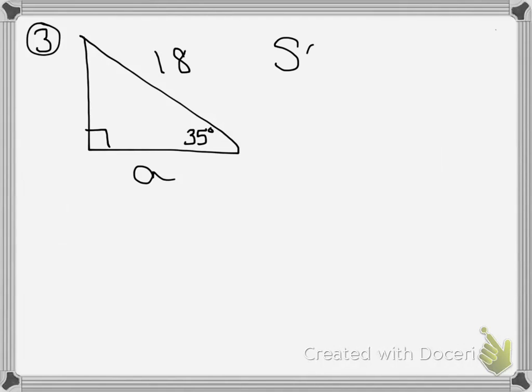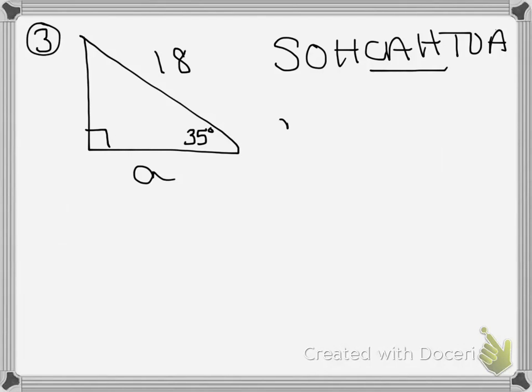SOHCAHTOA. We've already dealt with this from our past unit, and from right triangle trig, this should be familiar to you. Well, I have my 35-degree angle. I have the side adjacent to it and the hypotenuse. So we are going to be using this part of SOHCAHTOA, which says the cosine of my angle equals the adjacent over the hypotenuse.